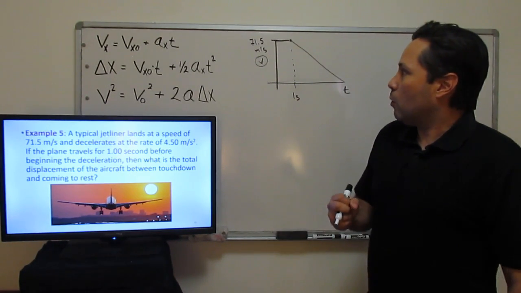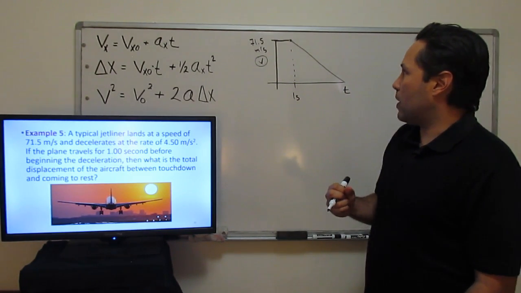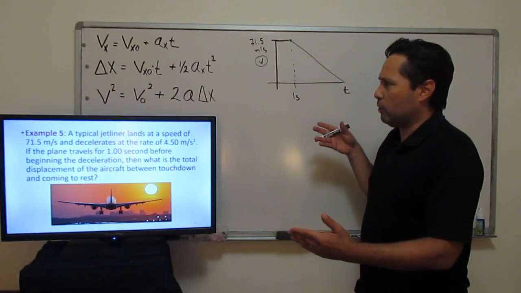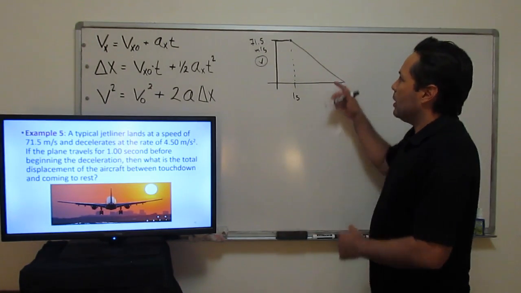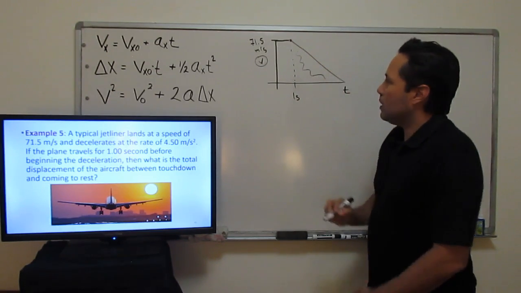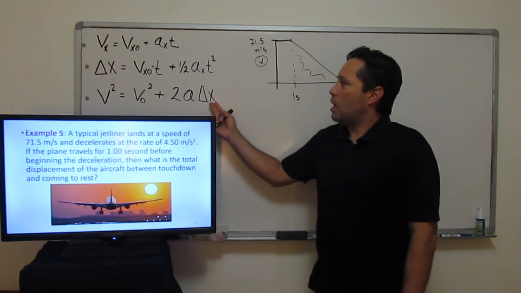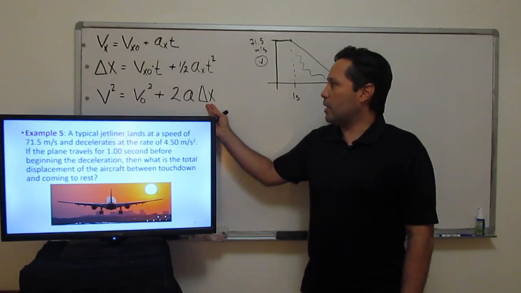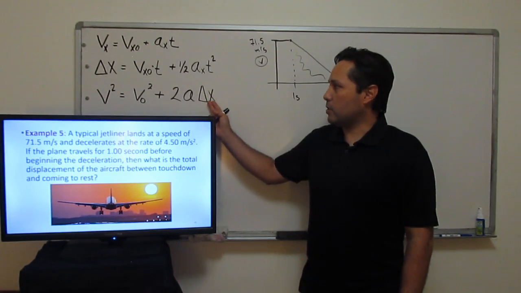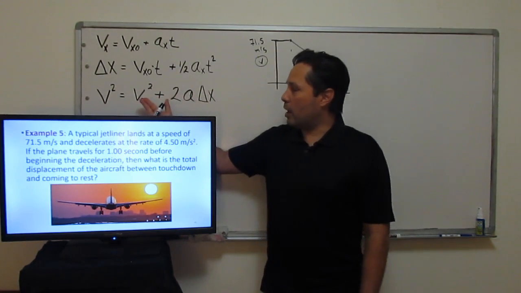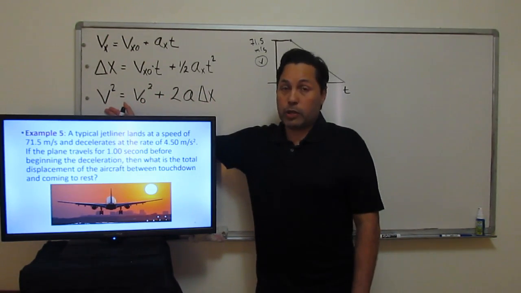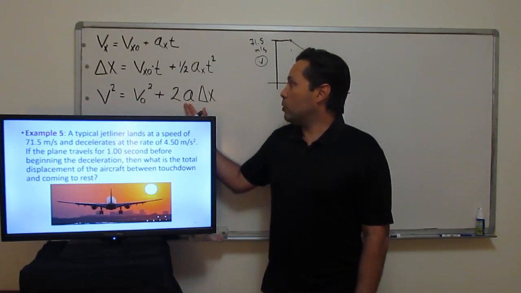Okay, so we're going to go ahead and figure out how far that plane traveled. Let's start with this section right here with the acceleration. That's what we're going to be solving for. How far did this plane actually travel on the x-axis? We do have the initial velocity, we do have the final velocity because we know it's coming to rest, so it's going to stop, and we do have the acceleration.